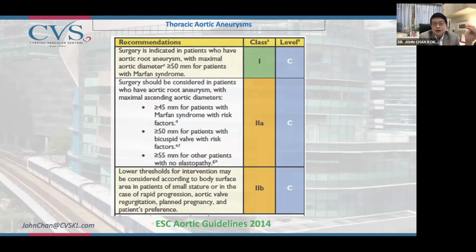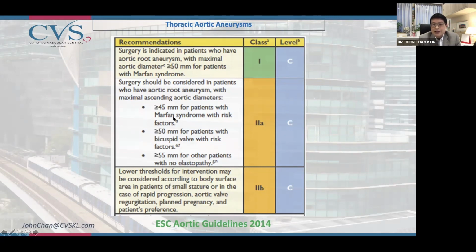So in patients with Marfan syndrome, we recommend surgery at a slightly lower threshold size, 50 millimeters. For most other patients, the threshold size is 55 millimeters if they have no other connective tissue diseases. But if they have connective tissue diseases like Marfan or a bicuspid aortic valve, then it's 50 millimeters.